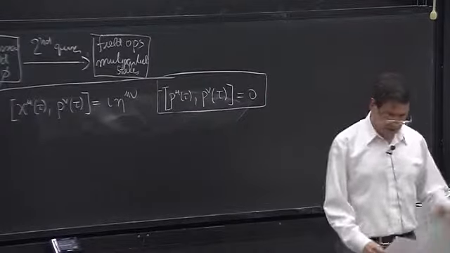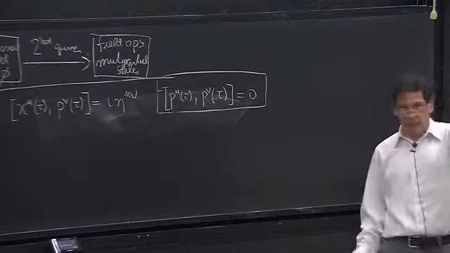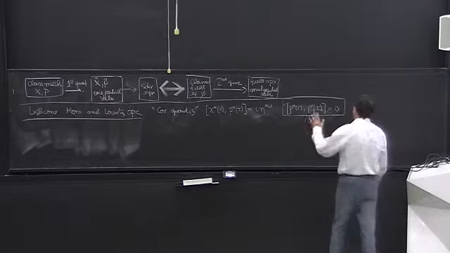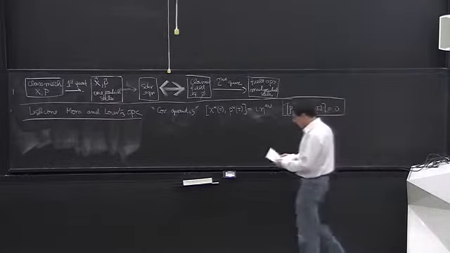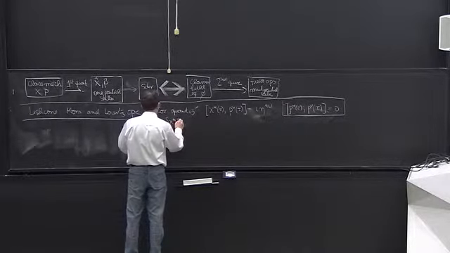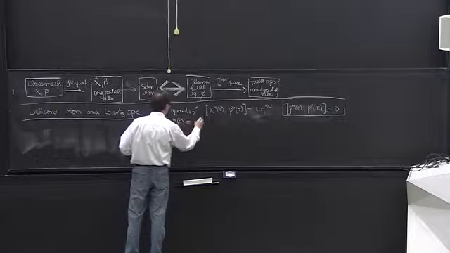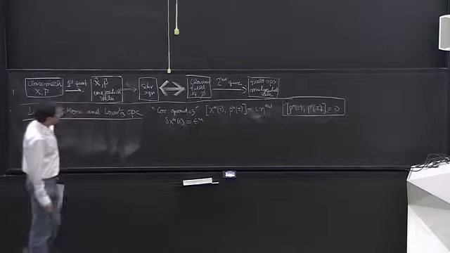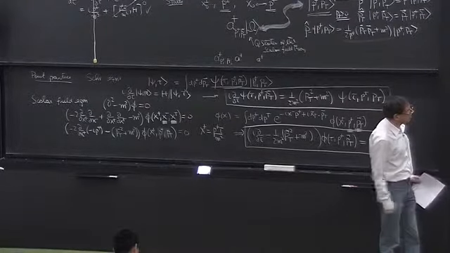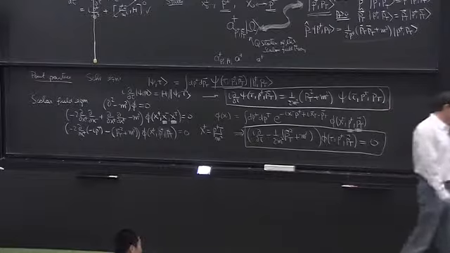Now, if momenta generate translations, they better commute. So how do momenta generate translations? Delta x mu of tau, say equal to epsilon mu. In a quantum theory, any symmetry transformation like this, the translations of a free point particle, is generated by commutators.